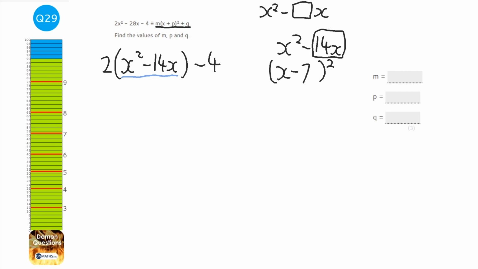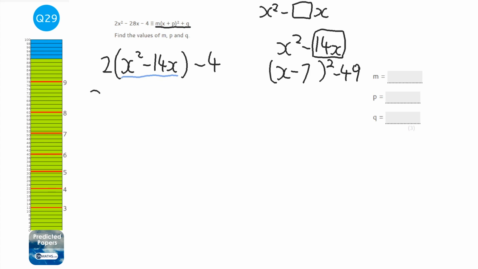Now if you expand that, using FOIL, that would be x squared minus 7x plus 49. Now we need the minus 7x to get the minus 14x, but we want to get rid of the plus 49 that it generates. So we need to take away 49 from it. And that's it, that's completing the square, okay?